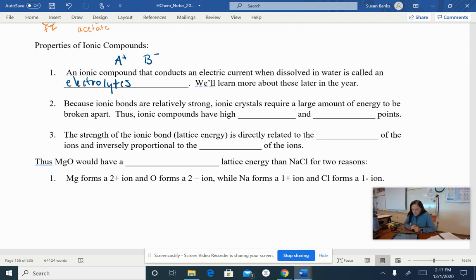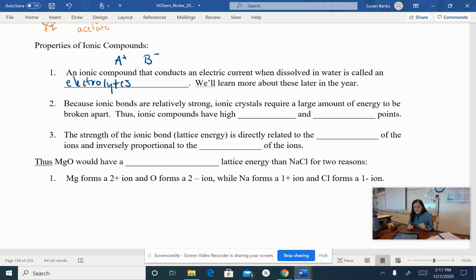Because ionic bonds are relatively strong, they form ionic crystals. You'll notice that salt, sodium chloride, when you pour it out on your hand, is a crystal. So these form crystalline solids. These ionic crystals require a very, very large amount of energy to be broken apart, i.e. melted or turned into a gas.